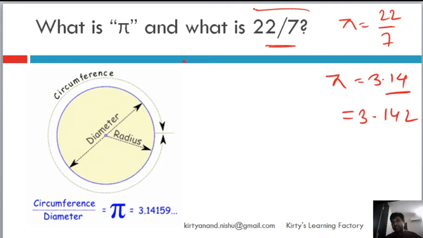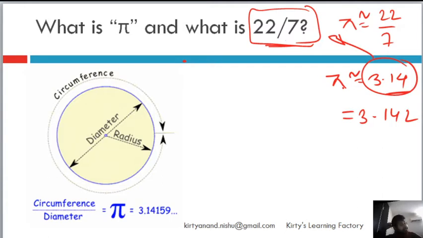Basically this is the closest value of pi that has been estimated by mathematicians, so that all our calculations can be done, and 3.14 is basically the decimal conversion of the fraction 22 by 7. Actually this is not equal to pi, this is just about equal to pi.